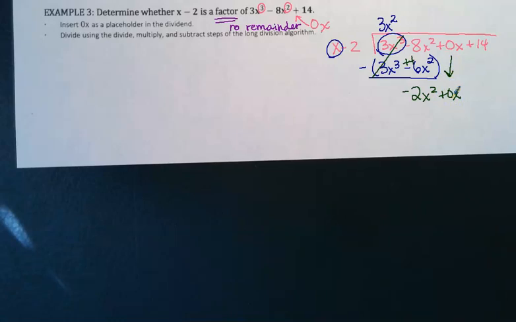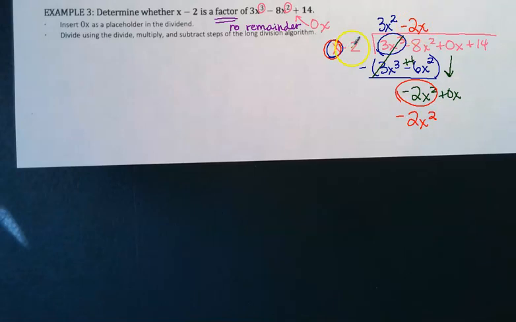All right, now let me switch up our colors here. Now we're looking at our x and trying to get this negative 2x squared. What am I going to multiply by? I need x times negative 2x to get negative 2x squared.